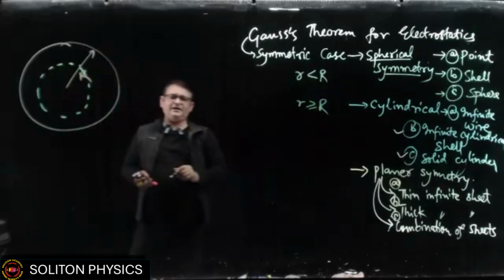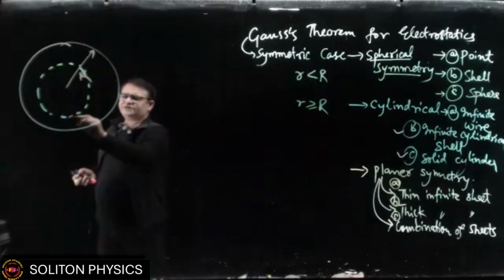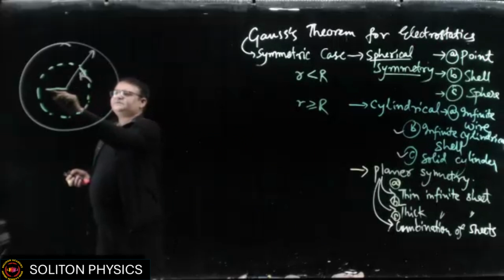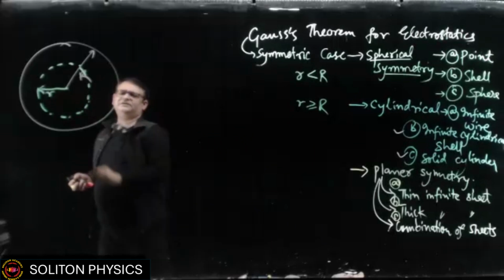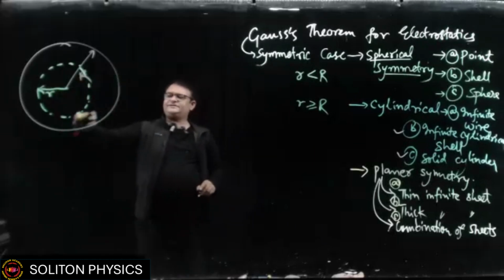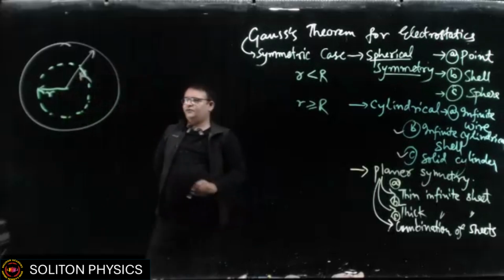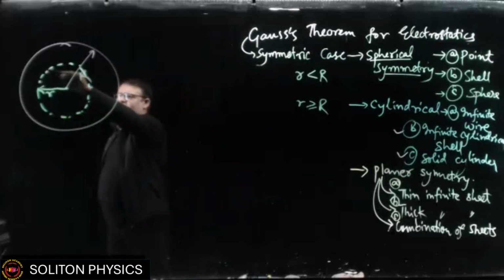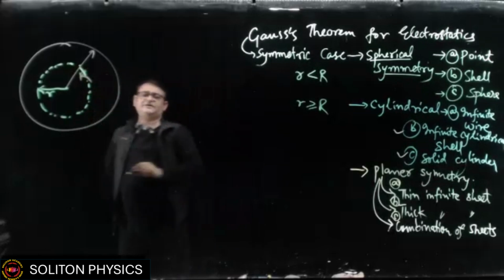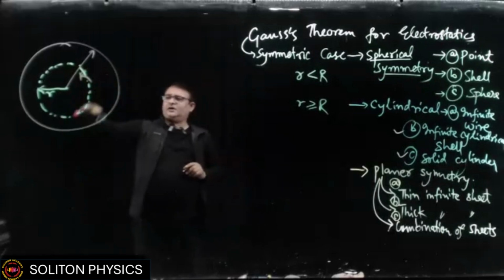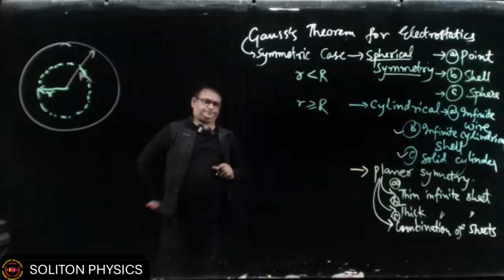I will make a Gaussian surface with small radius r that is enclosing this area. And I want to find field at one of this point on the surface of this Gaussian surface.